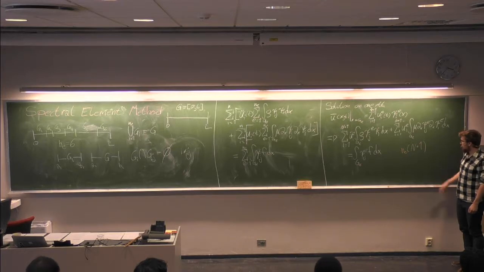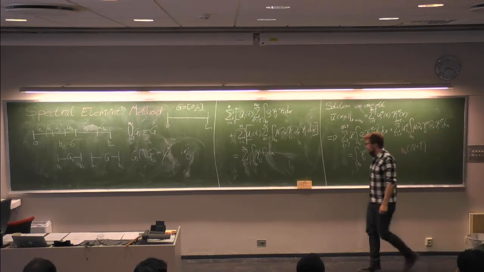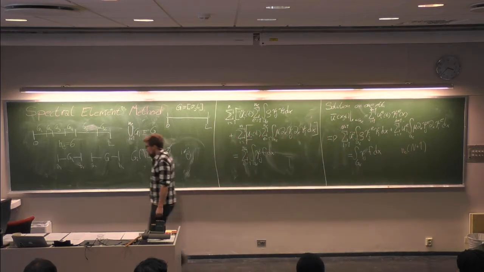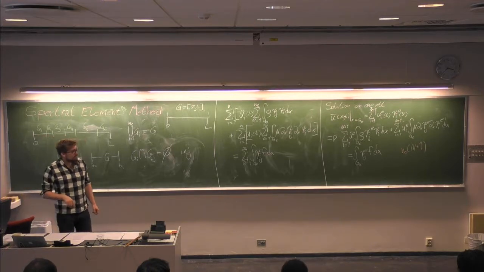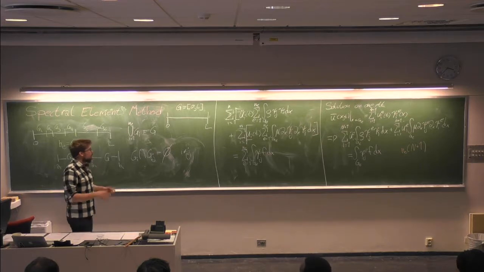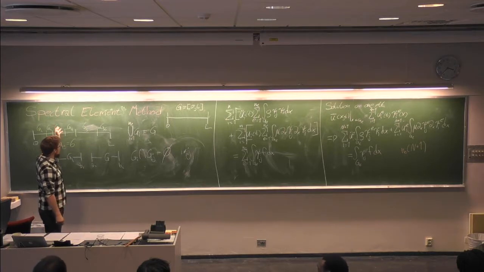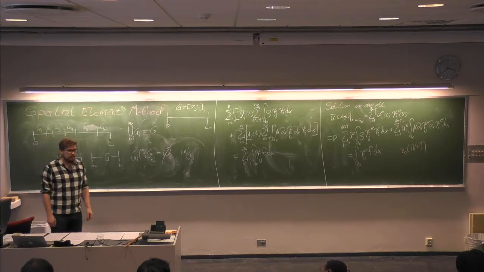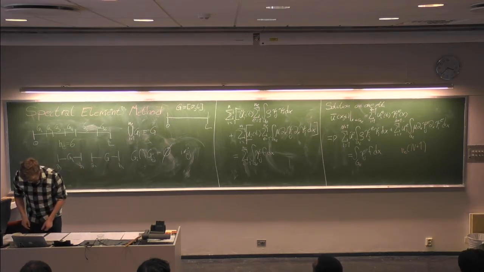You could, in principle, have a different amount of basis functions for each element, but then you have to make sure that you have different basis elements on each, which just complicates matters. So that's why we say that we have n plus 1 basis functions that have support on an element, for instance, Omega 5, and the same amount on Omega 3 and Omega 6. So that's why we get this amount of basis functions.